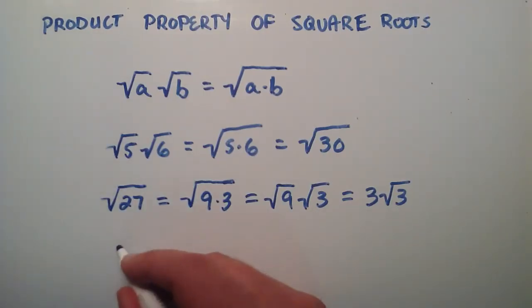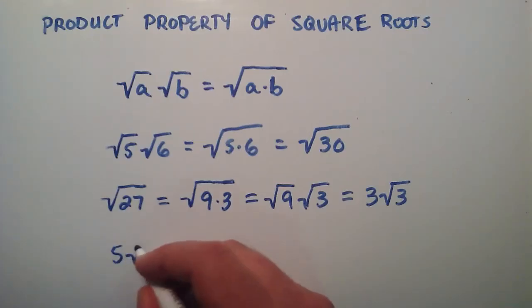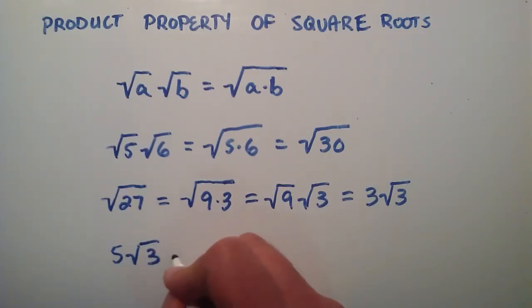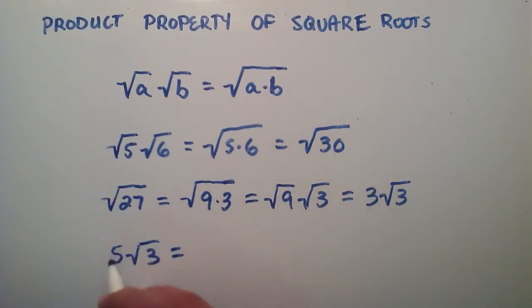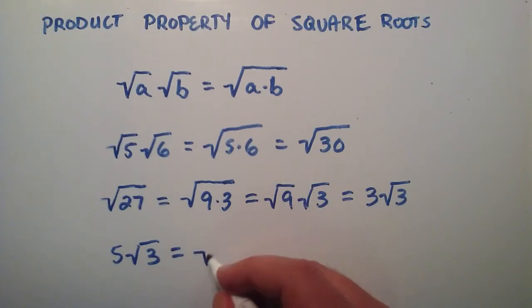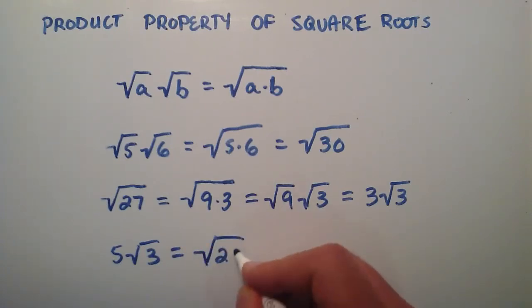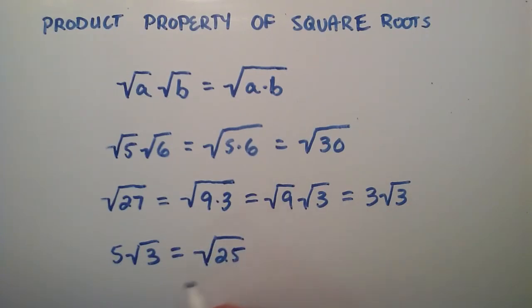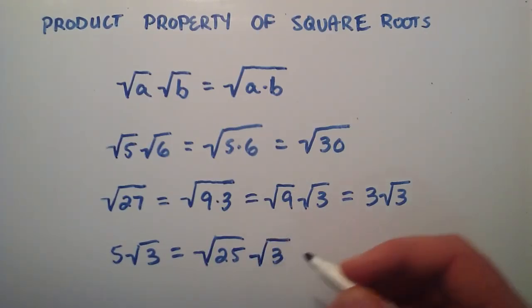How about 5 times the square root of 3? Let's write this as a number underneath one root. So we want to take this 5 and bring it inside somehow. Well, we know that the square root of 25 is equal to 5, so we can just rewrite the 5 as the square root of 25. Then we're just going to multiply that by the square root of 3.